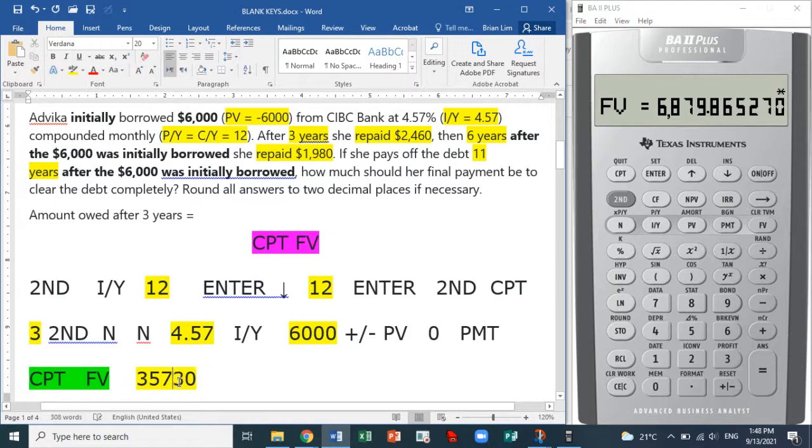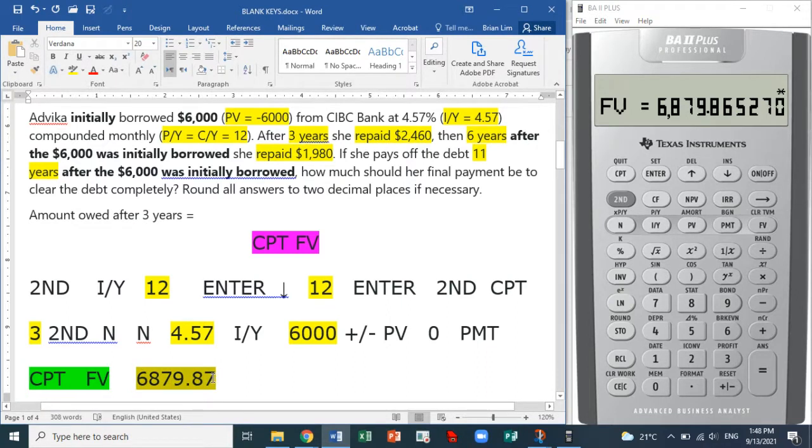We can get rid of that and then put it in here. Let's give some space. So 6879.87.